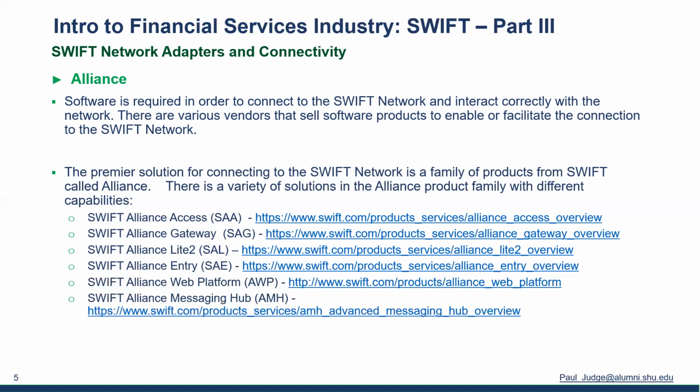But mostly for institutional firms, they're going to be using things like Swift Alliance Access or Swift Alliance Gateway, because they want things that are going to be used to connect their systems to the Swift network.